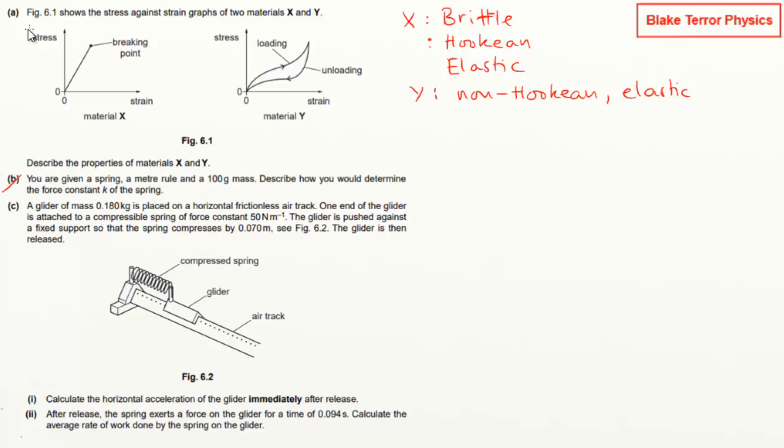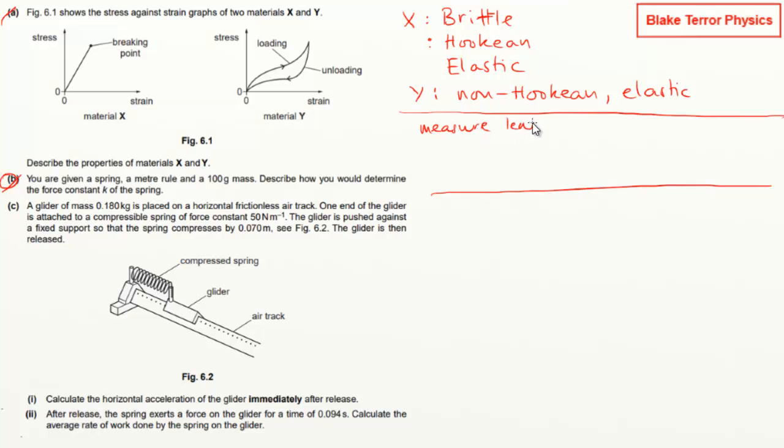Right, now for B. You're given a spring, a meter rule, and a 100-gram mass. Describe how you determine the force constant of the spring. Right, so you want to, first of all, measure length of spring without the load, without the mass.